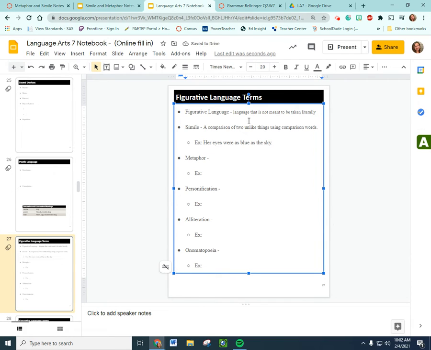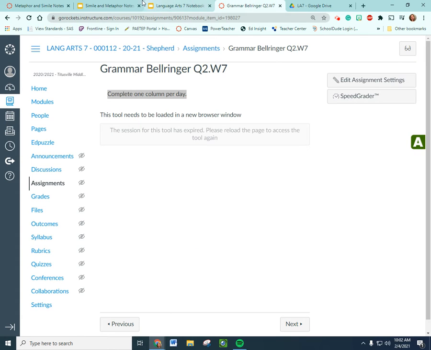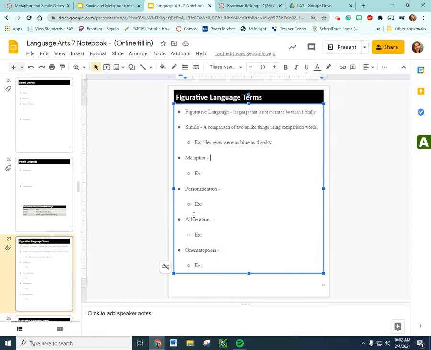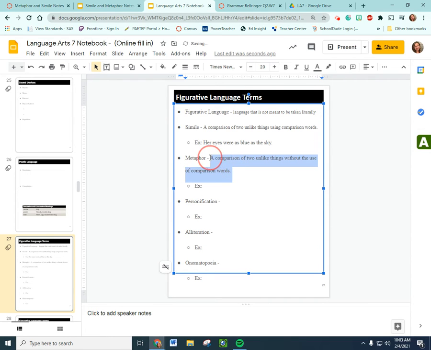Okay, next we have metaphor. A metaphor is a comparison of two unlike things without the use of comparison words. So copy that definition, and we're going to add in something else as well.